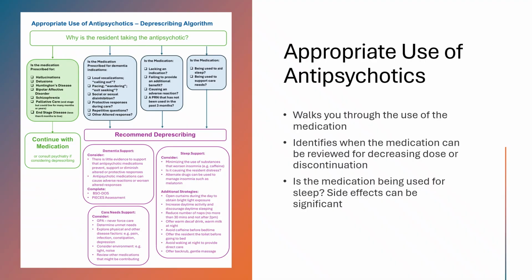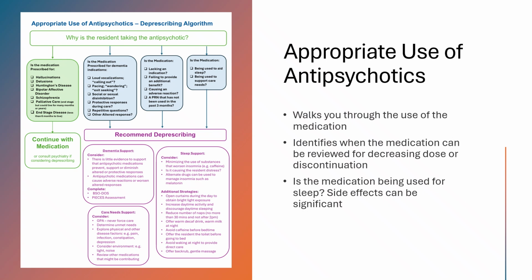So we have also created an algorithm for the appropriate use of antipsychotics. This walks you through the use of the medication when the resident first moves in, or when you pick a resident that you'd like to look at, you can walk through this document. It identifies when the medication can be reviewed, or decreasing the dose, or discontinuation.